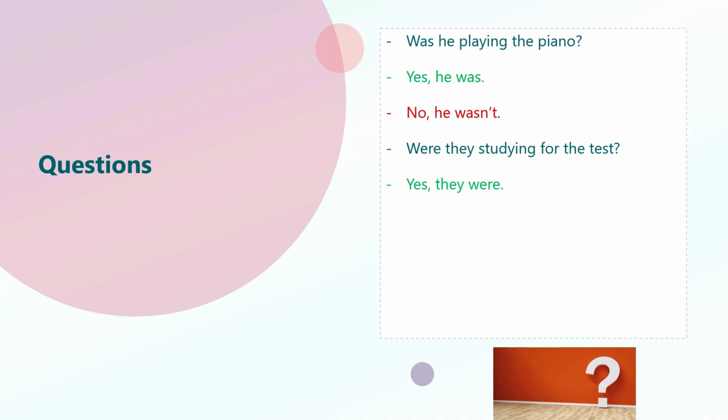Yes, they were, or no, they weren't. Now there's one exception, questions about you. For example, if someone asks, "Were you managing a team?" let's say during a job interview, you cannot just say were. Your correct response would be, "Yes, I was," or "No, I wasn't."